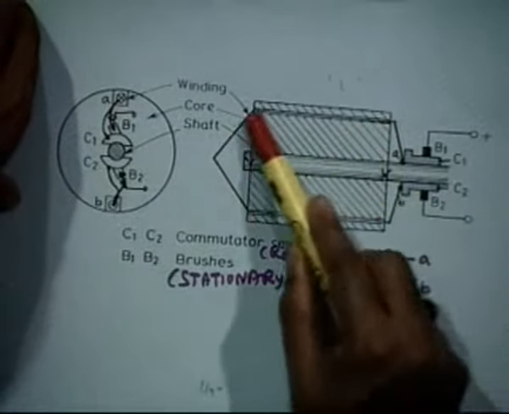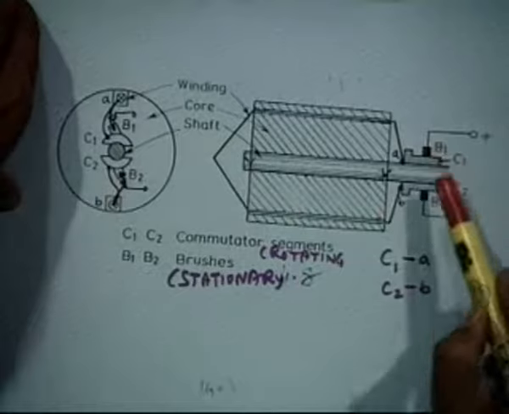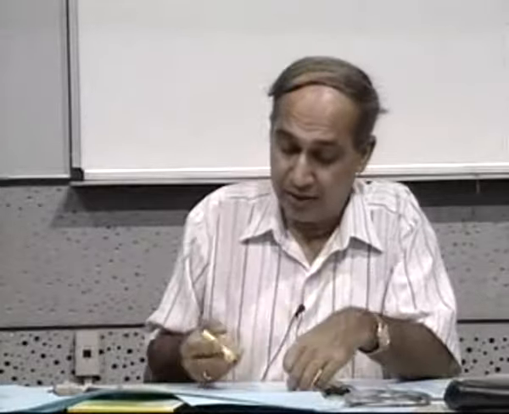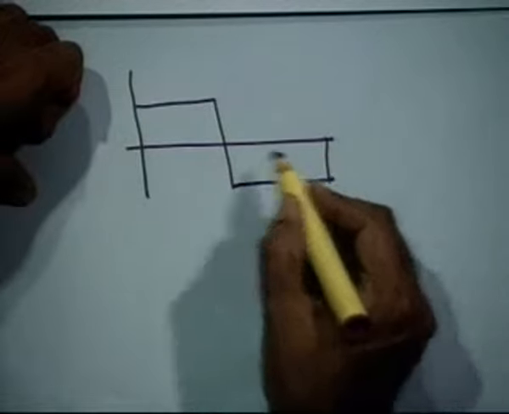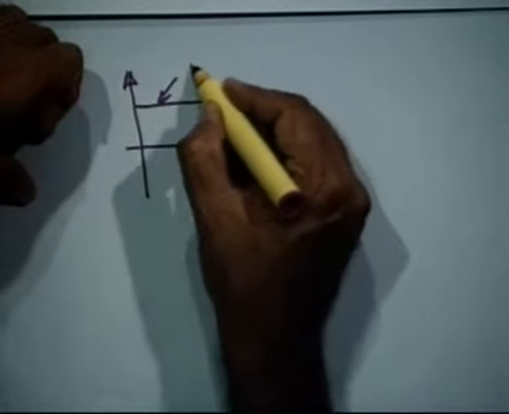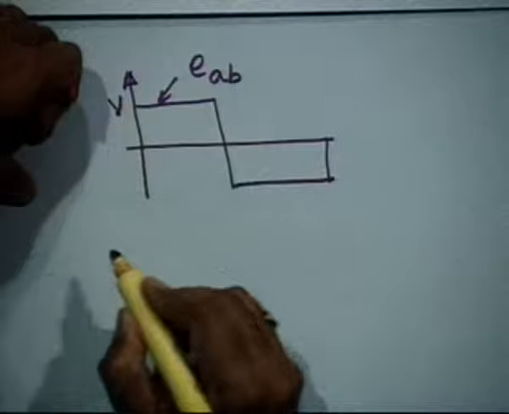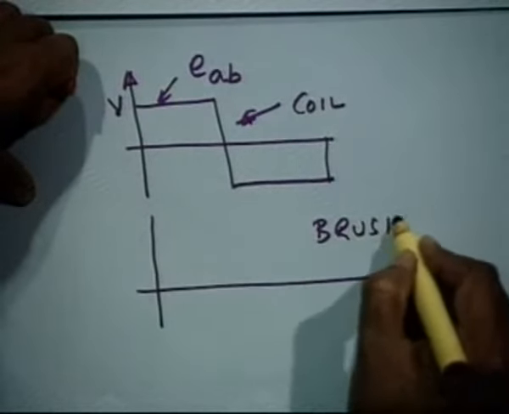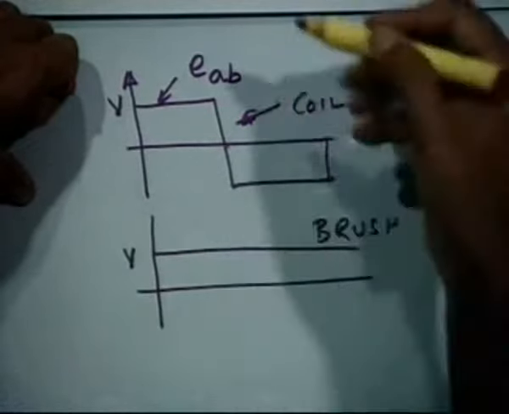Even if the windings are alternating, you will notice that the potential across the brushes will be the same. You might have a situation where the coil voltage across AB is of some fixed value V. Across the brush it will be the same V, because the same thing will get reversed.